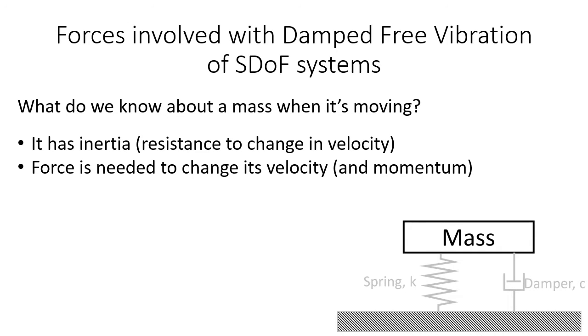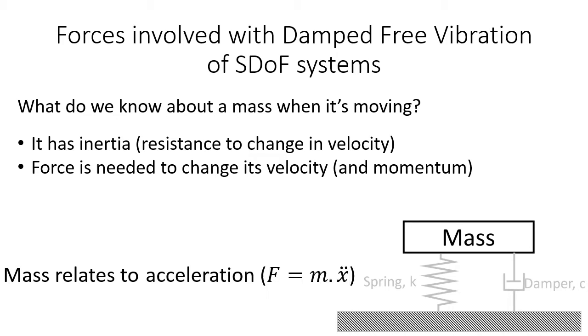And if it's moving, then the mass times velocity gives it some momentum. So therefore, in order to control the mass, then the mass relates to acceleration. So the force relates to m x double dot, or F equals ma.